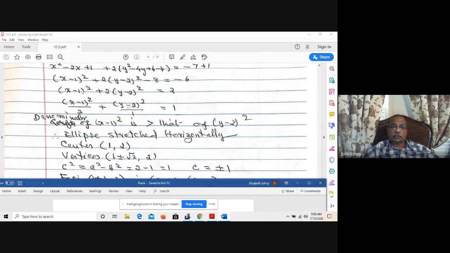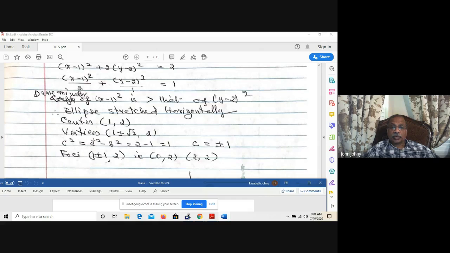The center is (1, 2), x is 1, y is 2. Vertices: 1 plus or minus square root of 2, comma 2, because a² is 2, so a is square root of 2. So that is (1 ± √2, 2), and the y coordinate is 2 because it is stretched horizontally. c² = a² − b², that is 2 − 1, which is 1.